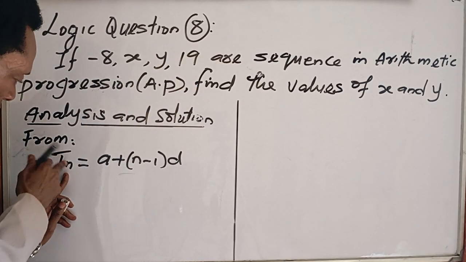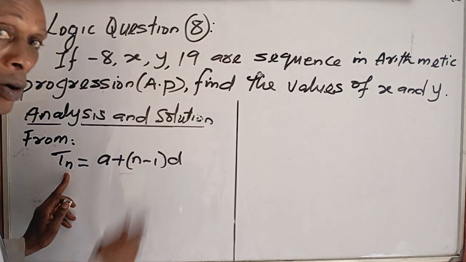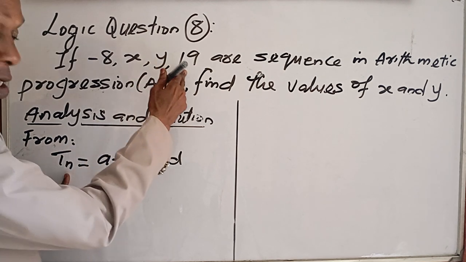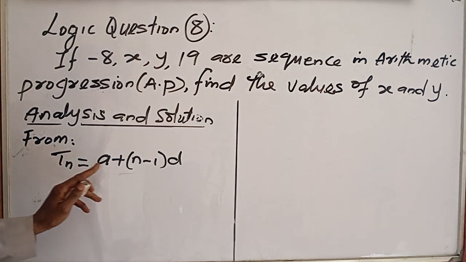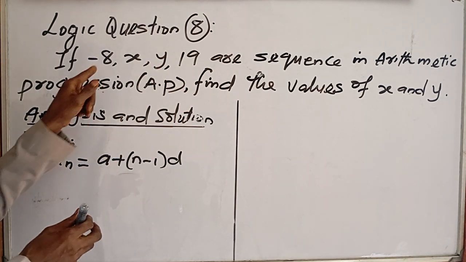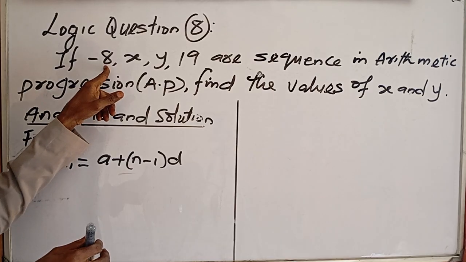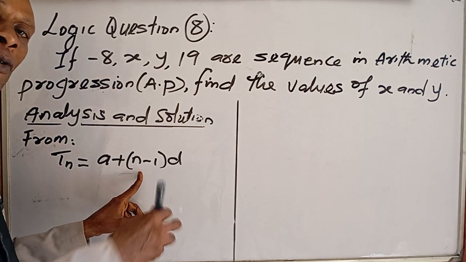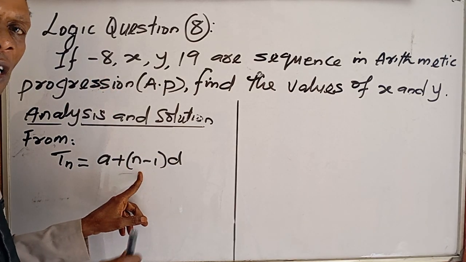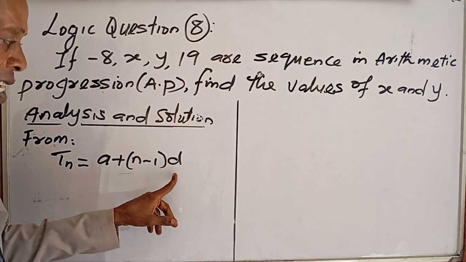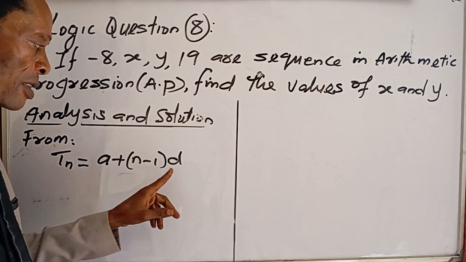This Tn represents the last term here, which stands for 19. Then a represents the first term, which is minus 8. n represents the position, or the number of terms. Then d is the common difference.